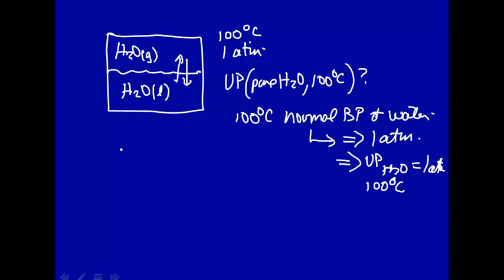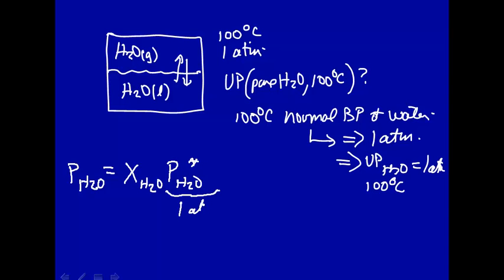All right, so we're assuming gamma is equal to 1 and so on. So the pressure of water in the solution is equal to the mole fraction of water in the solution times the vapor pressure of pure water. And we know at 100 degrees this is 1 atmosphere.